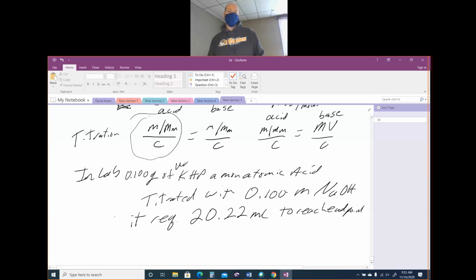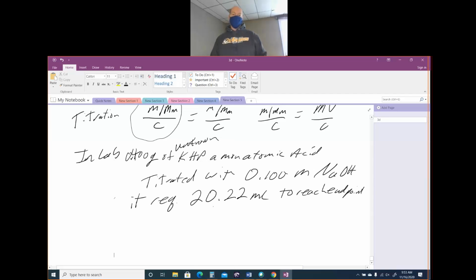Oh, let's make that a 4. So 0.4 grams of unknown KHP, which is a monoprotic acid, was titrated with 0.1 molar NaOH, and it required 20.22 mL to reach the endpoint.